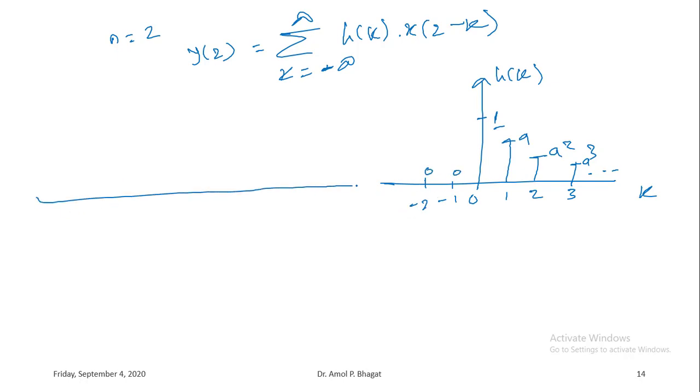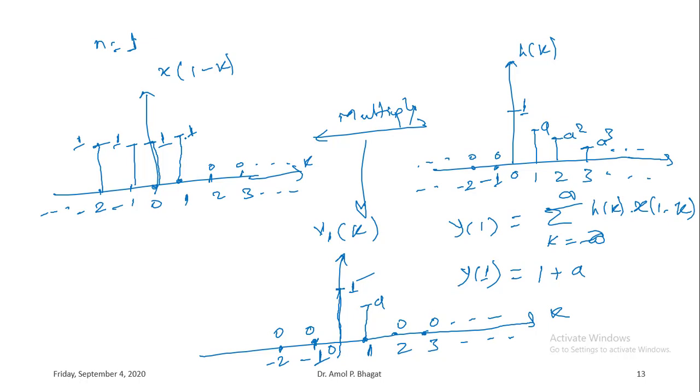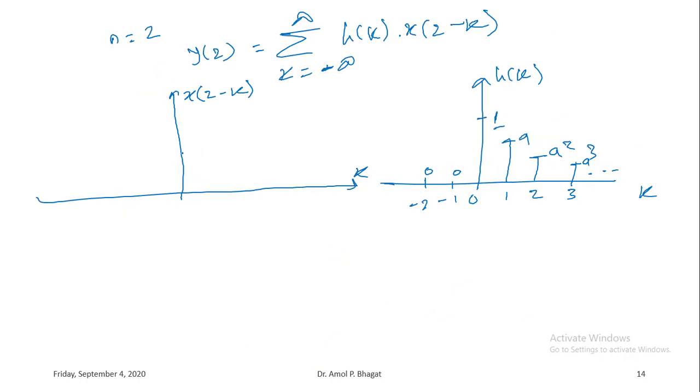And similarly you can obtain this x of 2 minus k simply by shifting this x of 1 minus k to the right. Okay, so on the left-hand side, all values will be 1 up to 2, and from 3 onwards it will be 0. So again 0, 1, 2, 3, 4 and so on, and minus 1, minus 2, minus 3 and so on.